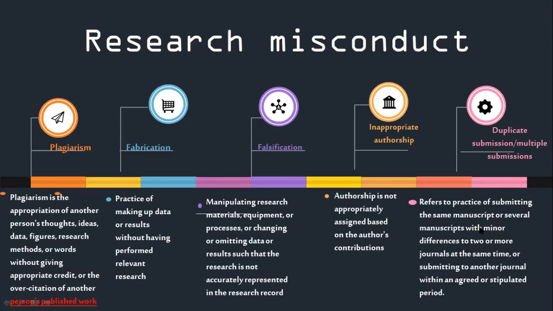Sometimes a researcher will make some minor changes in the same article, like changing the title or the abstract a little bit, and submit to multiple journals. But since the main thing is the same, that is considered duplicate submission or multiple submission.